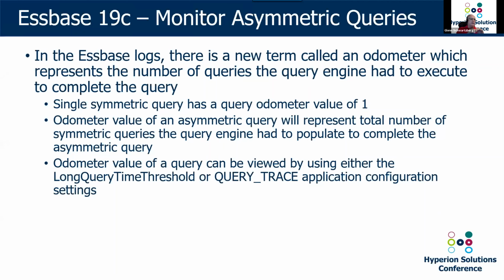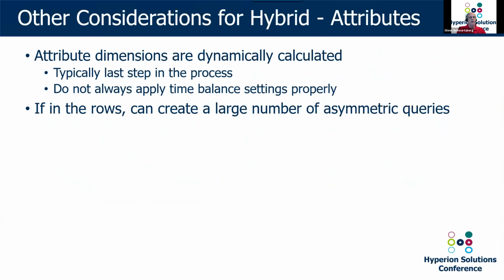If you set the configuration file setting for long query time threshold to be like 0.01, you'll get the output of that odometer in your log file, and you can look at that to see how it is performing, and then tune based on that to see how efficient your queries are. So get a bunch of queries from your users and try out different queries and see how the performance is going.